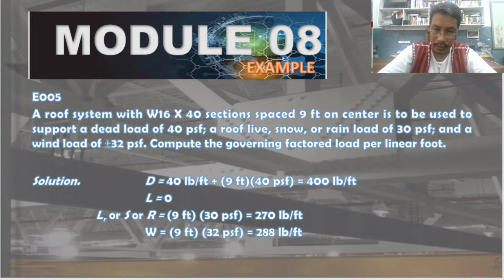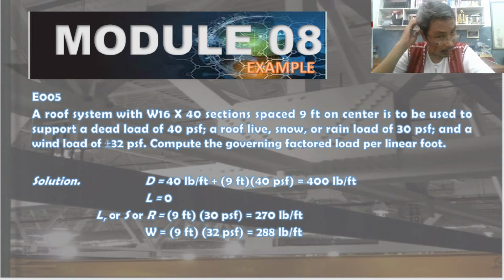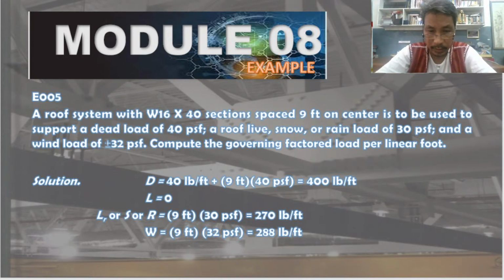So, solution, again, let's start with the dead load computation. That is equal to what? The dead load on the element is 40, that is self-weight, plus 9, which is the spacing, so 9 times 40, that is 360.